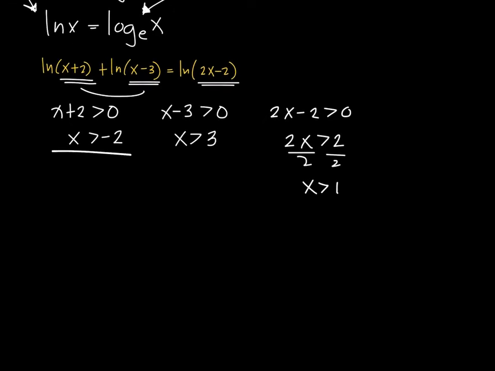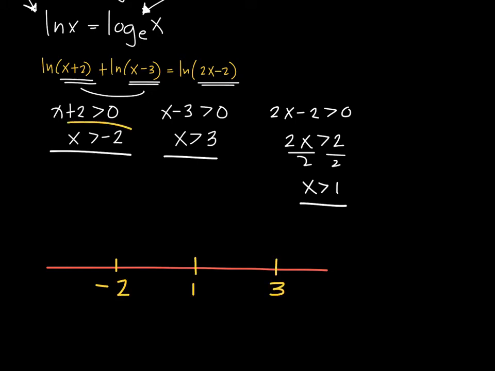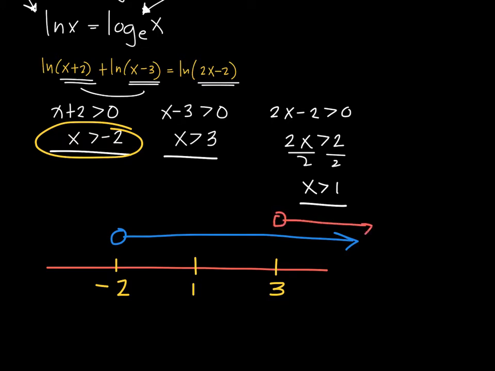Now to sum up these three restrictions, you can make a number line and place these numbers accordingly. In proper order, we have negative 2 as the smallest, followed by 1 and then 3. The x greater than negative 2 means we have an open circle going to the right. The x greater than 3 means we have an open circle at 3 going to the right.